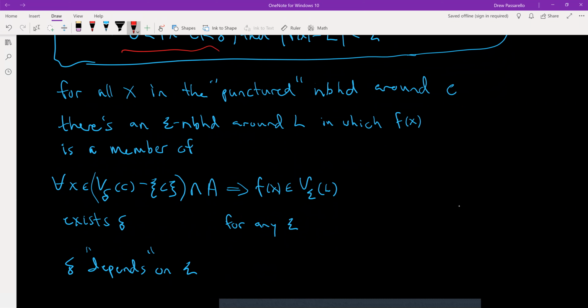And that intersects A implies that you have f of x as a member of the epsilon neighborhood around L, and the quantifier here is any epsilon.